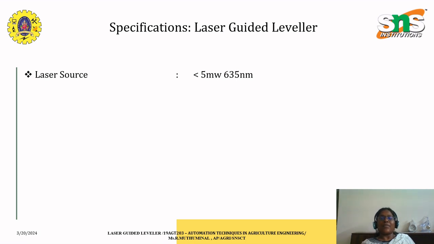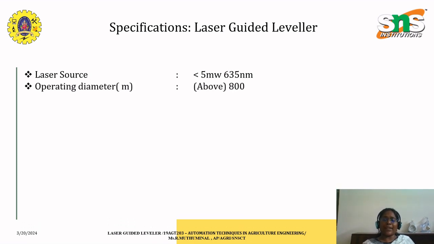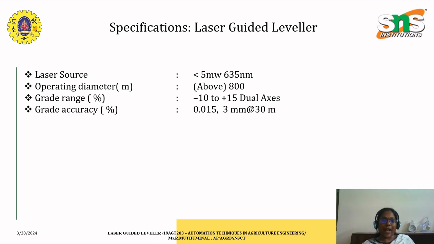The laser source has a configuration of less than 5 microwatt, that is 635 nanometers, and the operating diameter is above 800 meters. The grade range is minus 10 percent to 15 percent of dual axis with a grade accuracy of 3 mm at 30 meters.